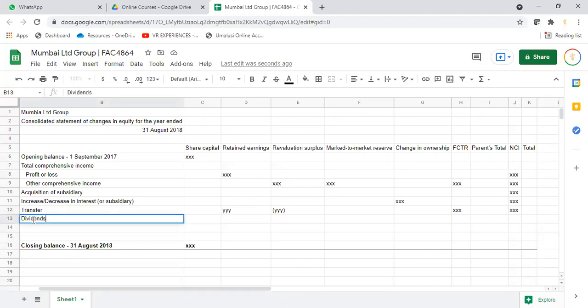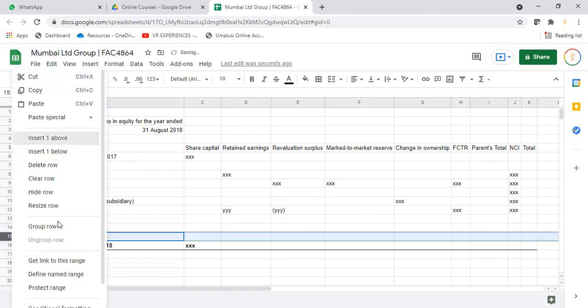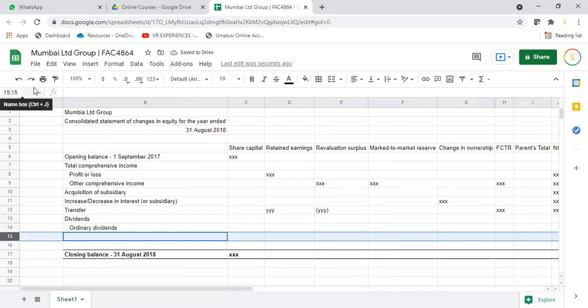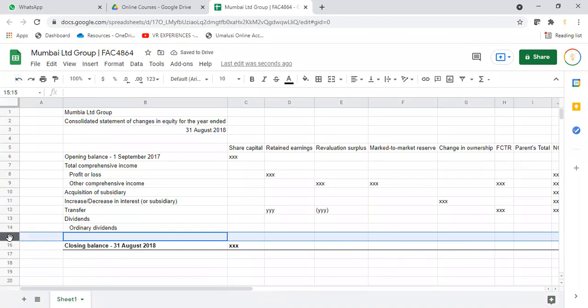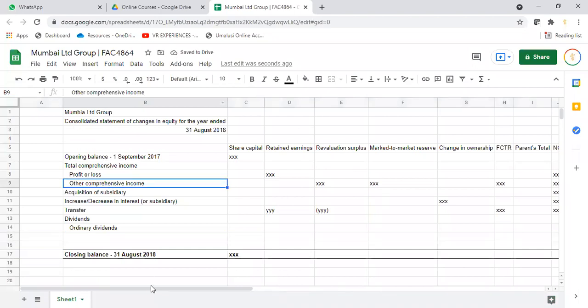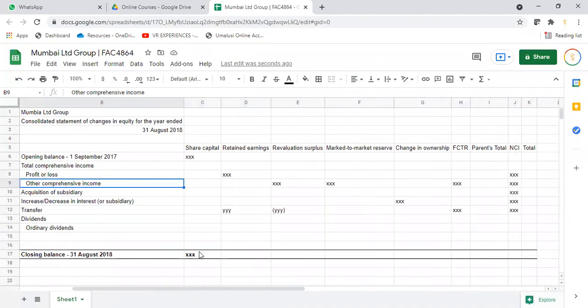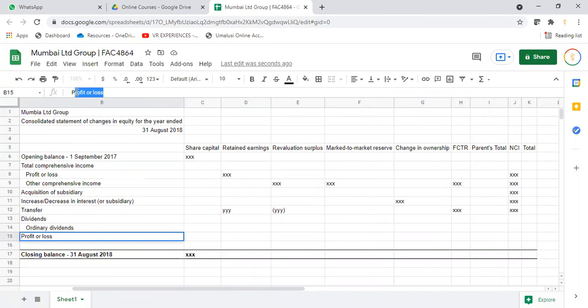Okay. Now dividends, you must be able to split between ordinary dividends. So I'm splitting it, because in this scenario we have that. Okay, so we have ordinary dividends, and then we also have preference dividends.